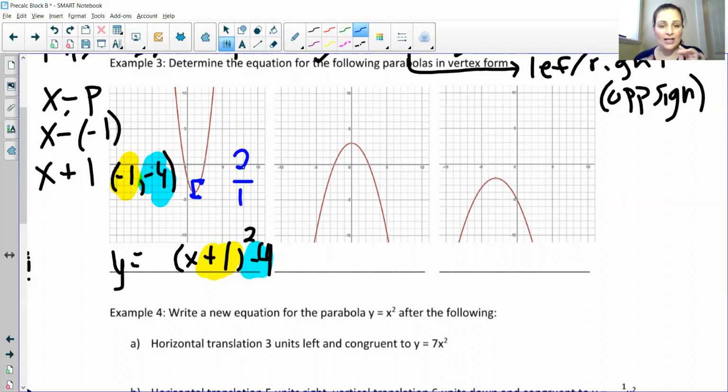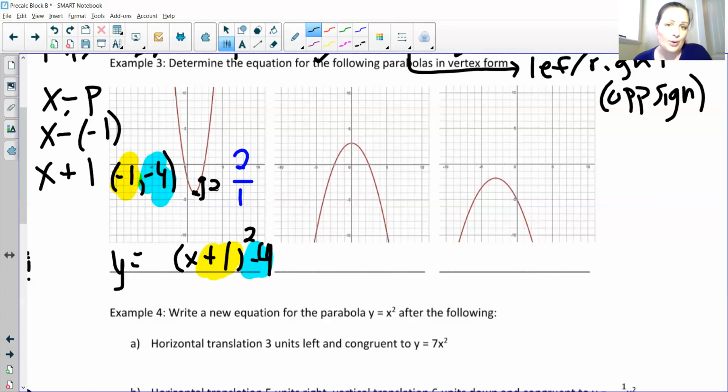You have to start at the vertex and just find how much it goes up for the first place it goes over. You can't pick another place like up here because it's not going to work for you. So if you start at the vertex, you go over 1 and you go up until you hit the parabola. You have to know how far up it went before it hit the parabola if you're reading this off a graph. And it went up 2.